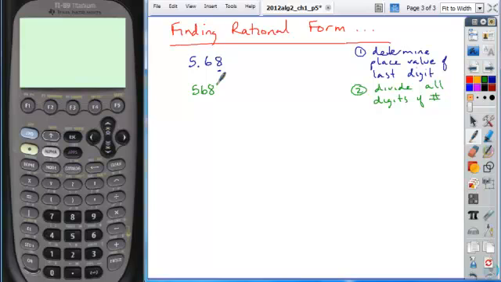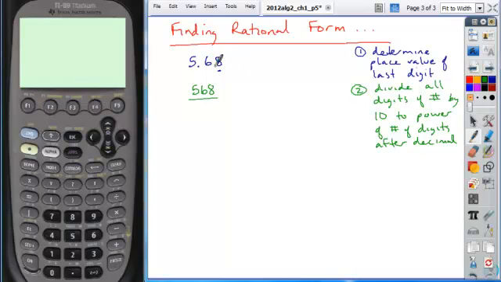Again, I didn't write the decimal here. I'm just taking the digits. And I'm going to divide that by 10 to the power, or by whatever the place value of that last digit is, which winds up being 10 to the power of... okay, so we established that 8 was in the hundredths place. 100 is 10 to the power of 2.